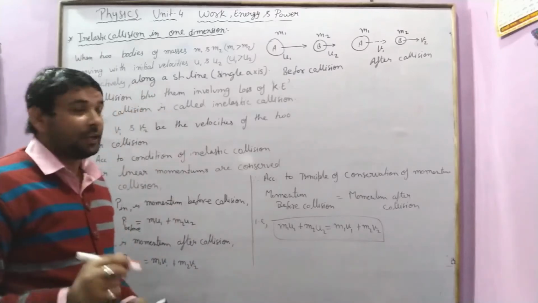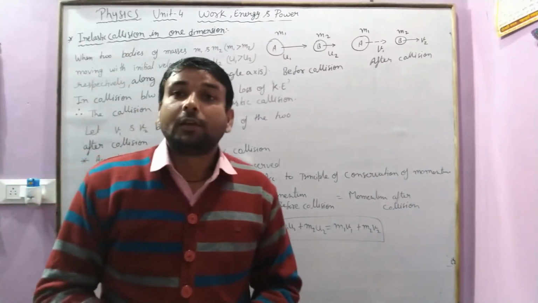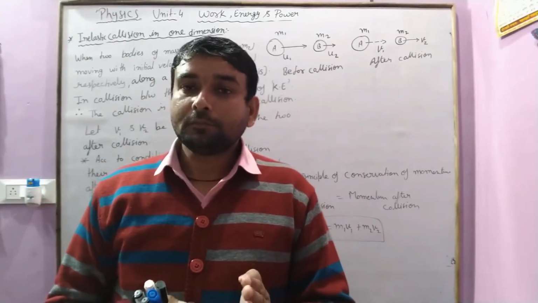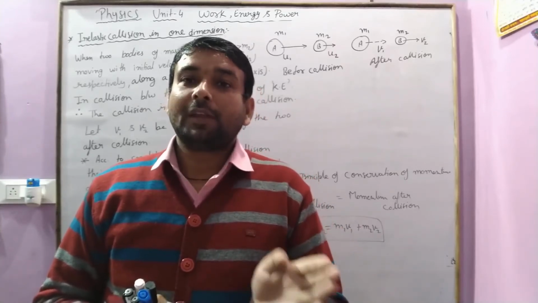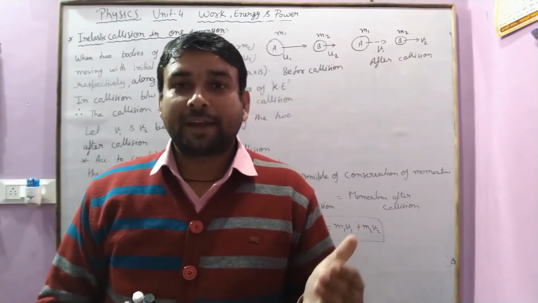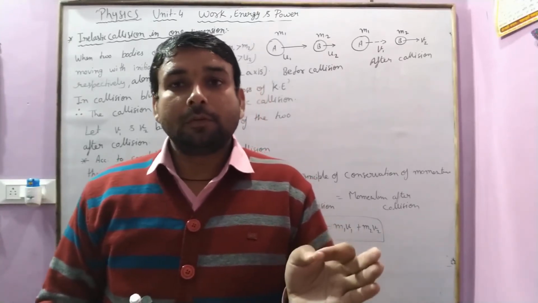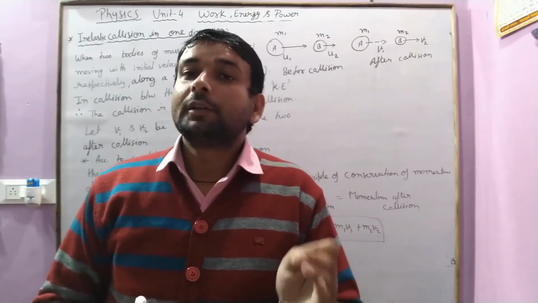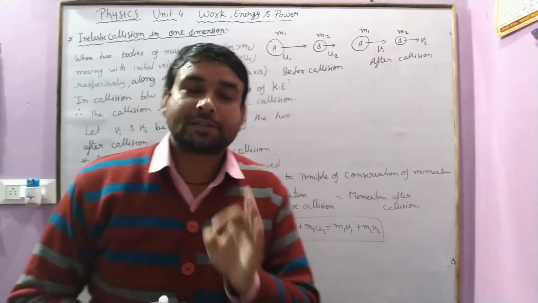Students, next we have inelastic collision. When two objects are moving along a straight line and after some time one object collides with the second object and there is any loss of kinetic energy, then the collision between the two is called inelastic collision.